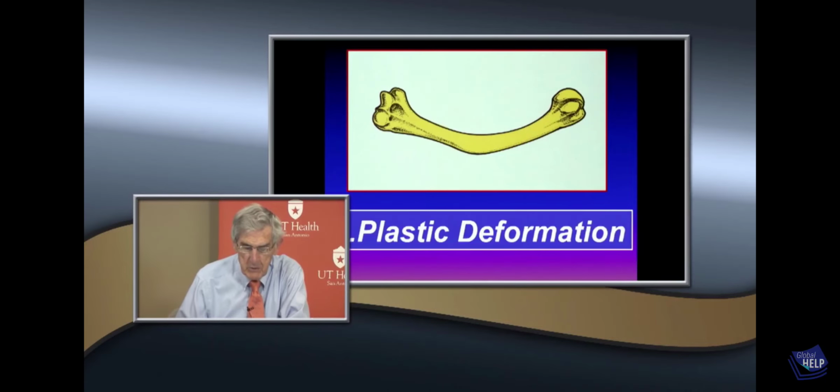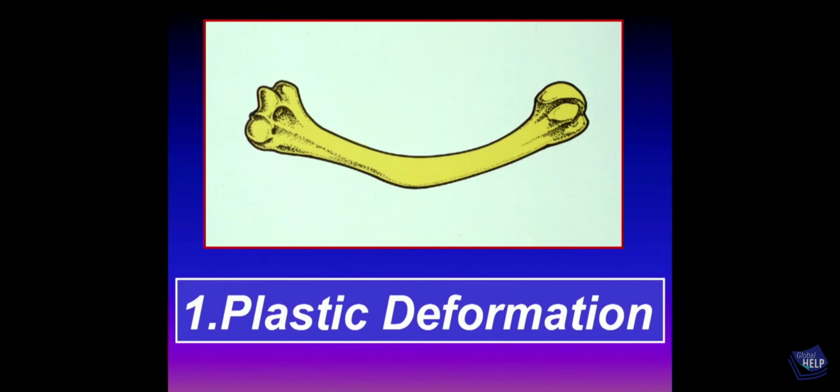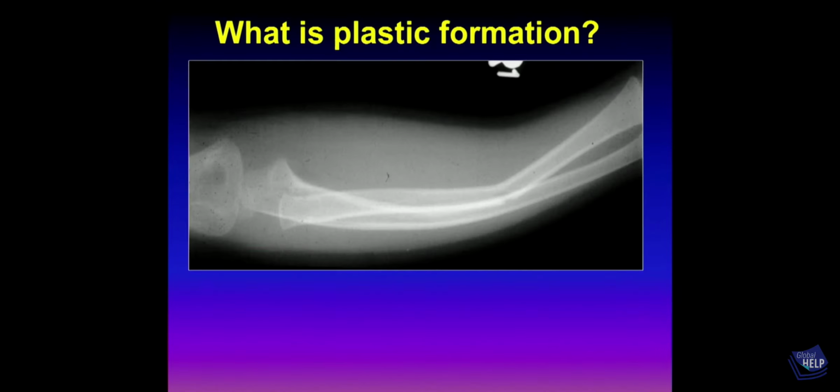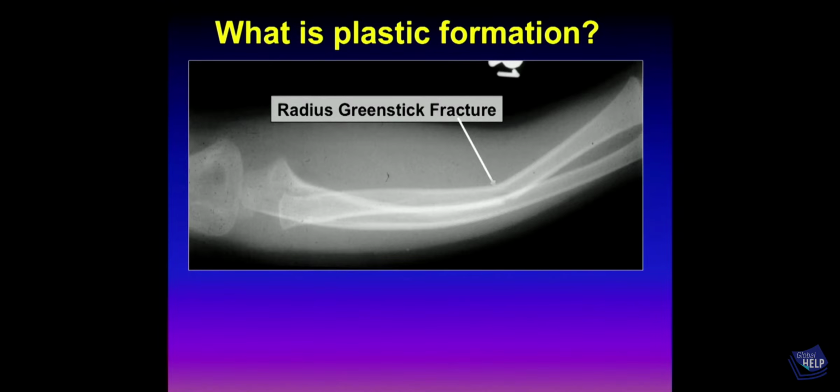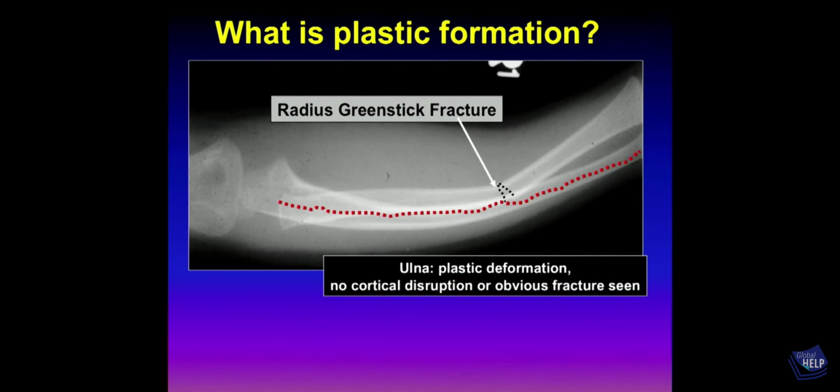So what do we have here? It's bent. With plastic deformation, you have failure of the internal structure. So it is a fracture, but it's a fracture of the bone units internally, while the cortex remains intact. This one has a radius green stick fracture, but here we have plastic deformation.